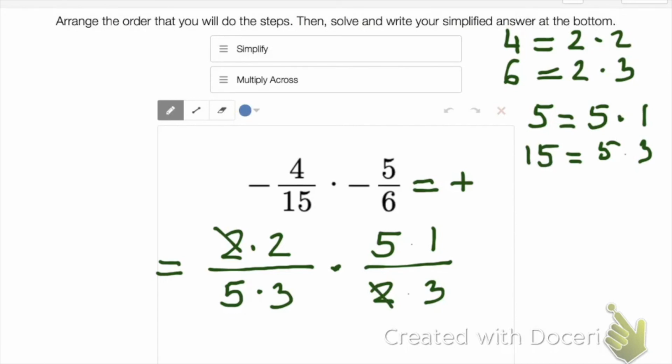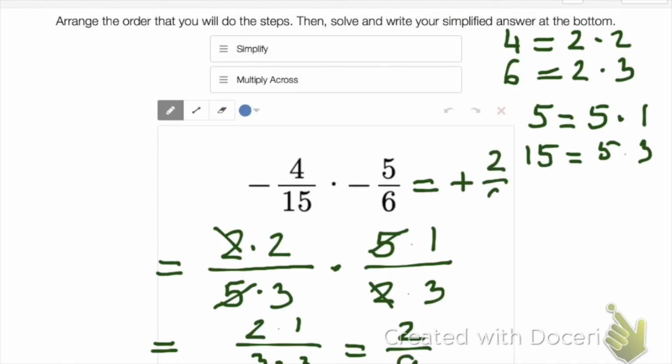Also, I have 5 on the bottom and 5 on top. I can cancel them out. So the leftover on top is 2 times 1, and the leftover on the bottom is 3 times 3. So 2 times 1 is 2, and 3 times 3 is 9.